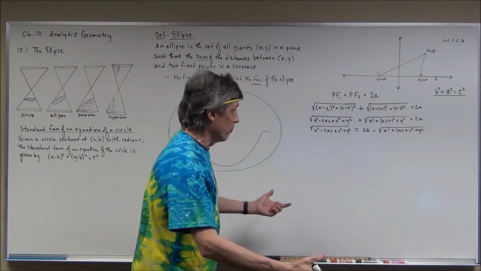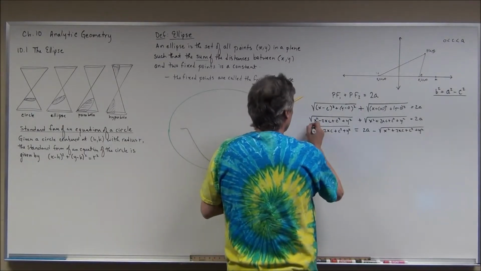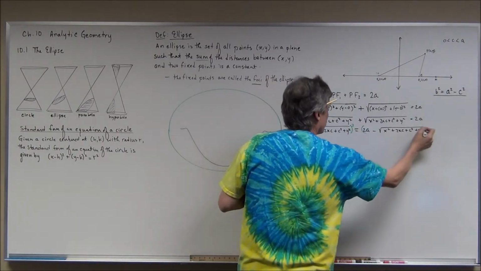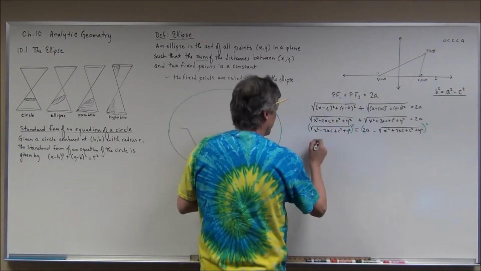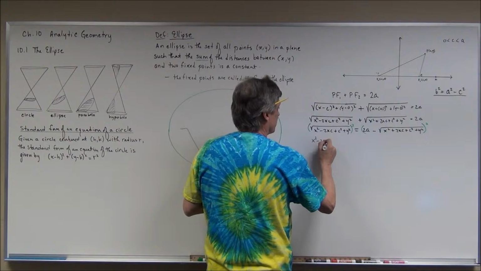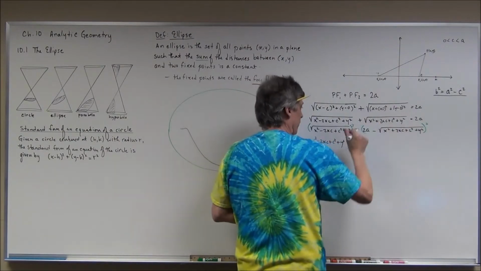Now I'm going to square both sides. So, square this side, square this side. That'll get rid of the radical. And I get x squared minus 2xc plus c squared plus y squared equals, now I've got to do a little FOIL action here.